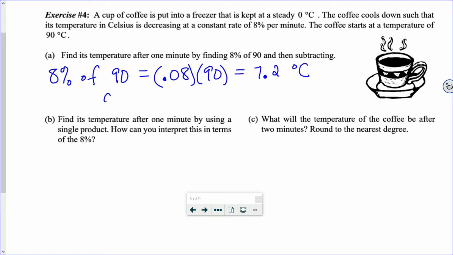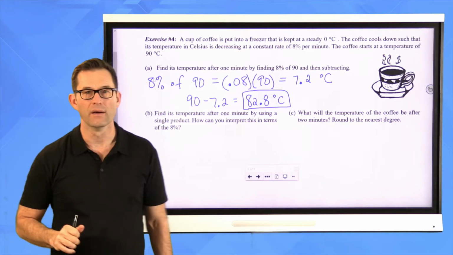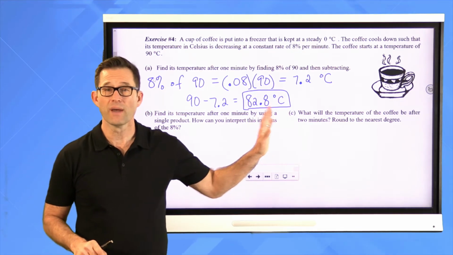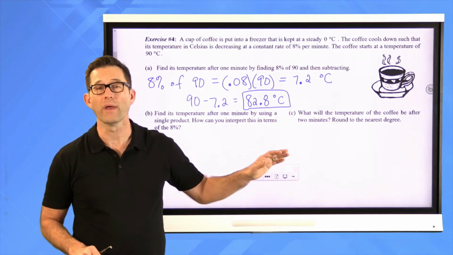Now I'm going to take my 90 and subtract off my 7.2. That would be 82.8 degrees Celsius. Sorry, just trying to do a little bit of math in my head. Always dangerous. All right, so my final temperature after 1 minute is 82.8 degrees Celsius.